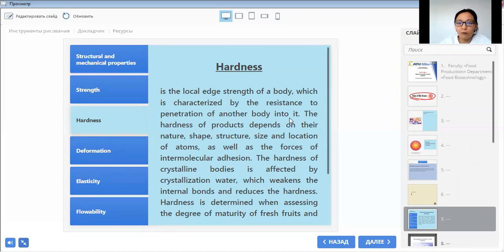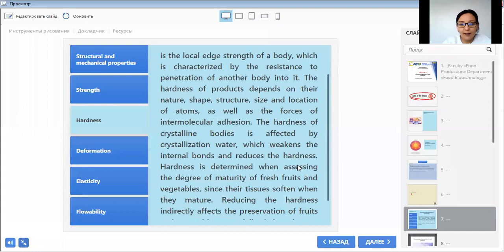The hardness of products depends on their nature, shape, structure, size, and the location of atoms, as well as the forces of intermolecular attraction.